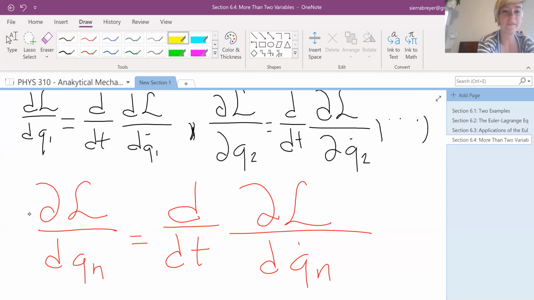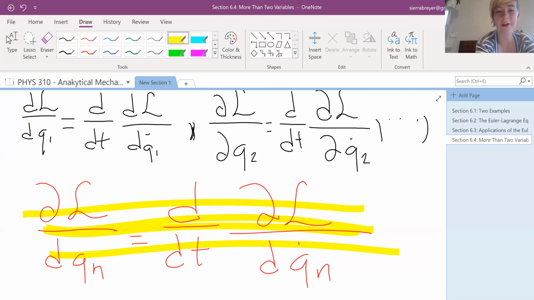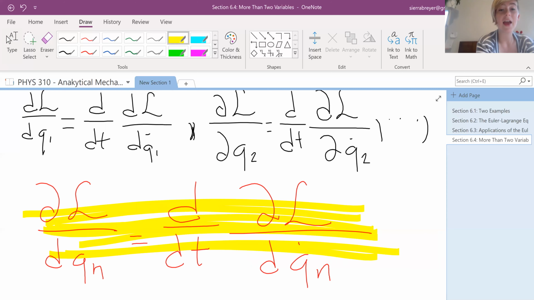So that's the zinger of this entire chapter right here, and it's going to keep bringing it back up in chapter 7. It's going to keep deriving it for some reason. It just really wants you to remember that. So that's the goal, and that will show you how the coordinate system changes with time no matter how many coordinates you have.